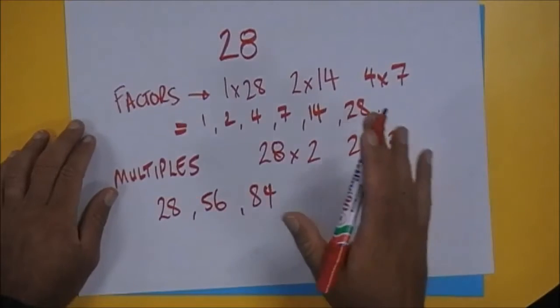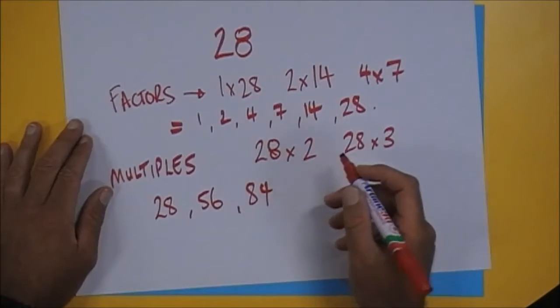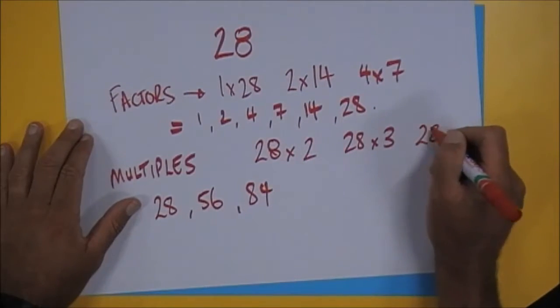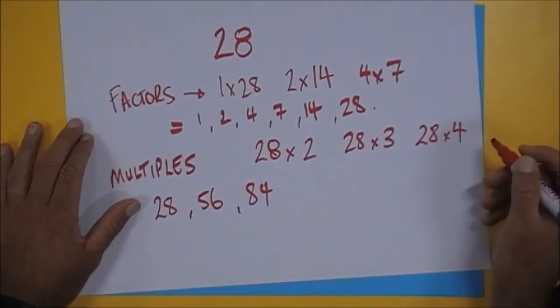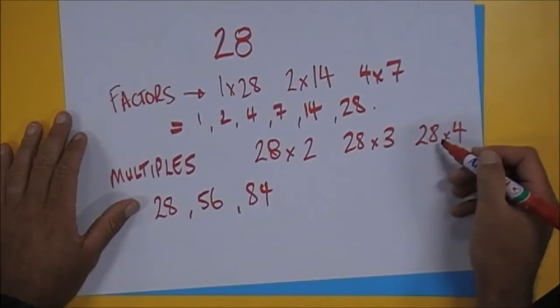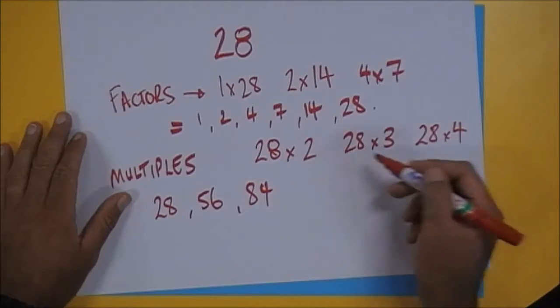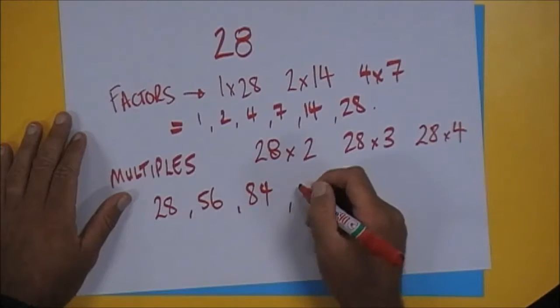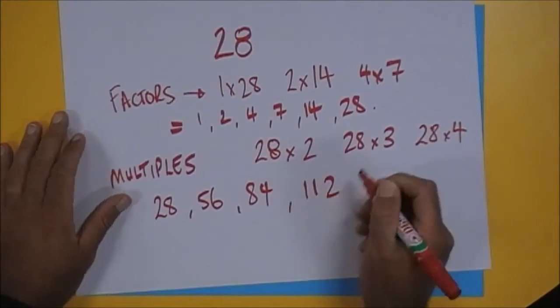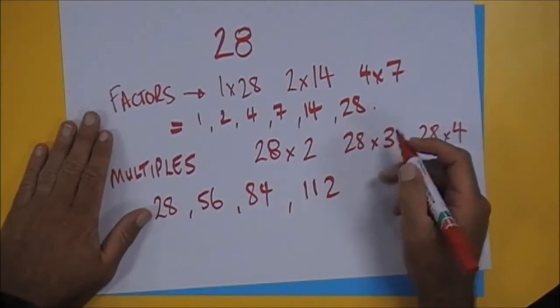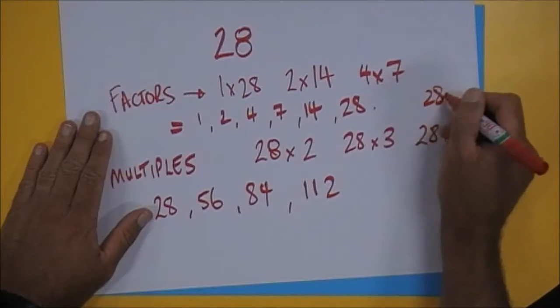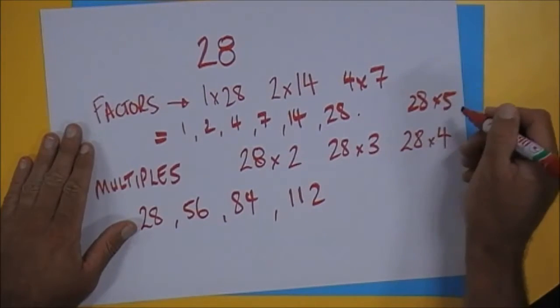I'm doing this multiplication quick in my head. I hope it's not far off. Now let's think about 28 times 4. Well, I know if 28 times 2 is 56, then 28 times 4 must be double 56, which would be 112. That's a multiple of 28. What about 28 times 5?